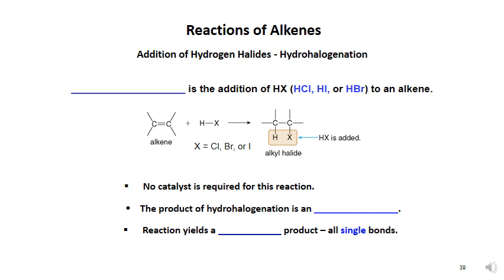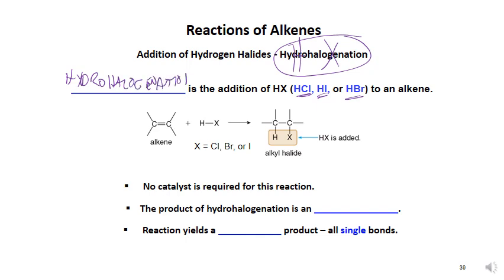More alkene reactions, hydrohalogenation. So hydro is H, halogen is an X, so it's an HX molecule, either HCl, HI, or HBr. Hydrohalogenation. That's adding HX. And it's the same sort of thing.